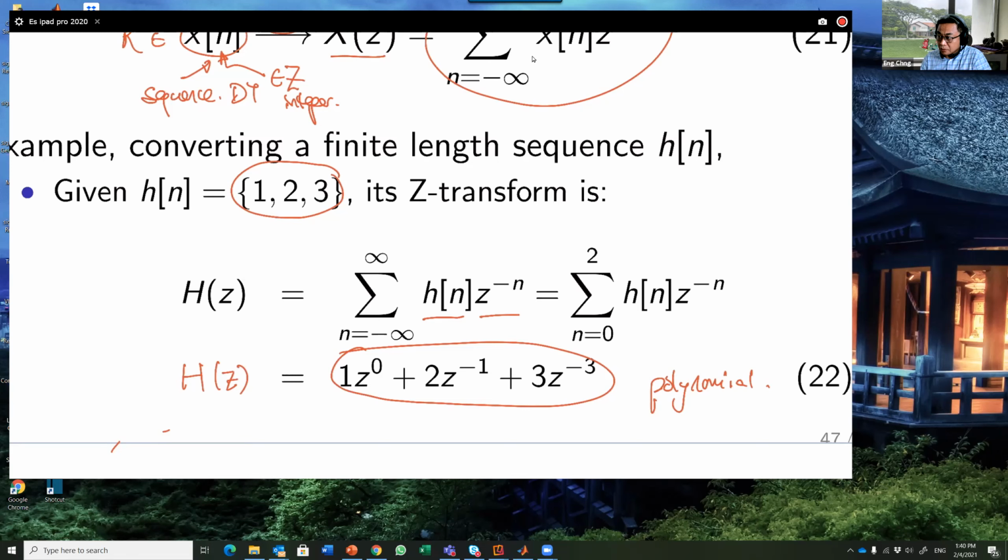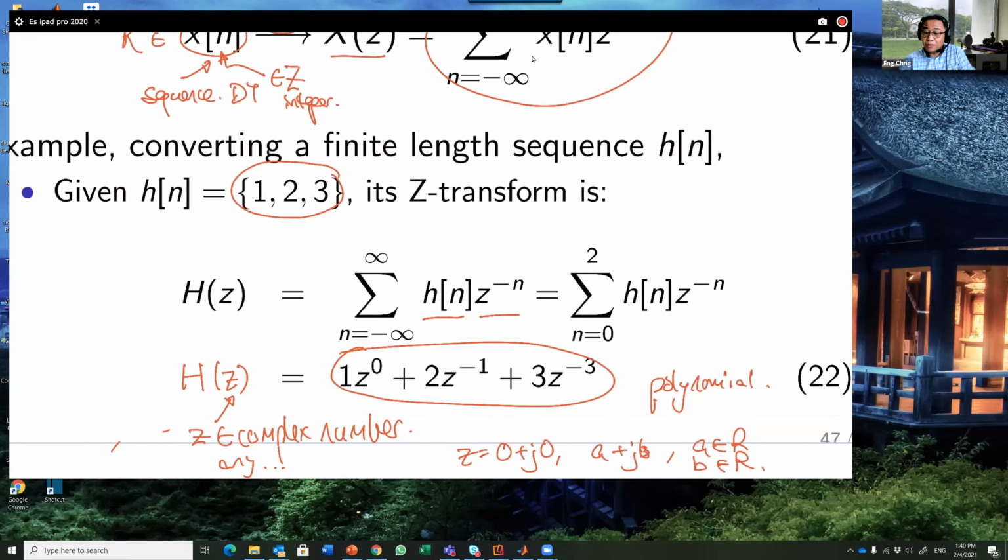And the variable, as you now know, is Z. And what is Z? Z is a complex number. And which number? Any complex number that you can choose. You can choose Z equals to 0 plus j0. You can choose any a plus jb, for a belongs to the real, b belongs to the real. Okay, so when we say any complex number, it's exactly what it means.